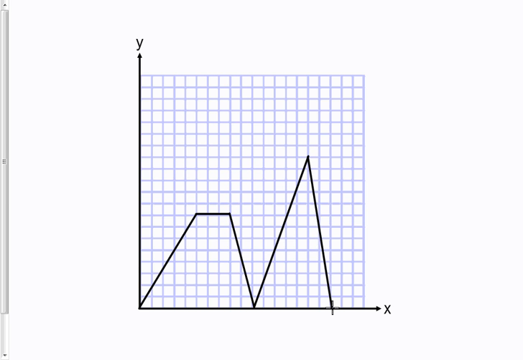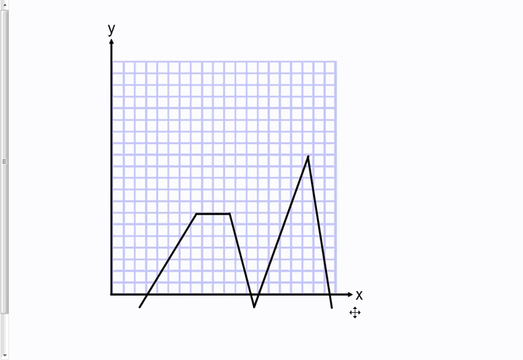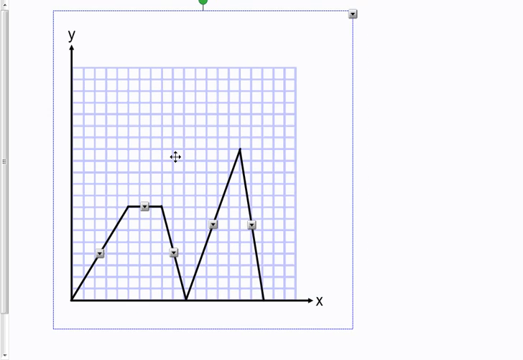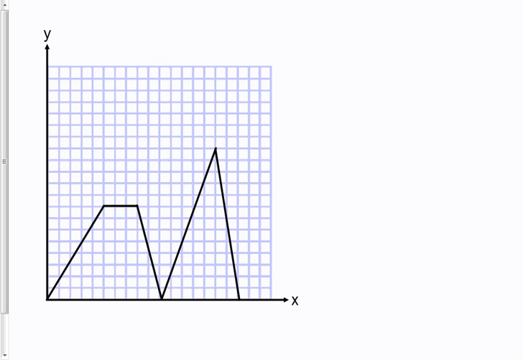Alright, so we're going to describe what these positions are. Okay, so we're going to label them again.